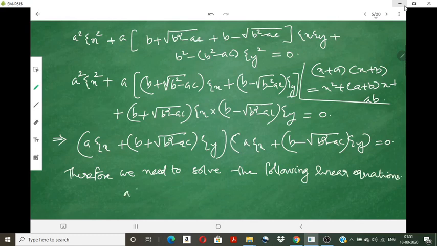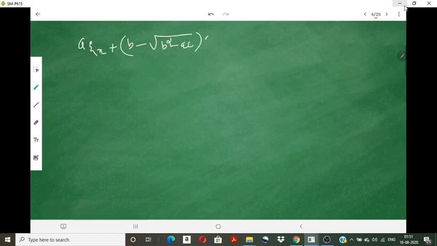Number one, a theta x plus b plus root of b square minus ac into theta y equal to 0, or a theta x plus b minus root of b square minus ac theta y equal to 0. And let this be equation number 6.